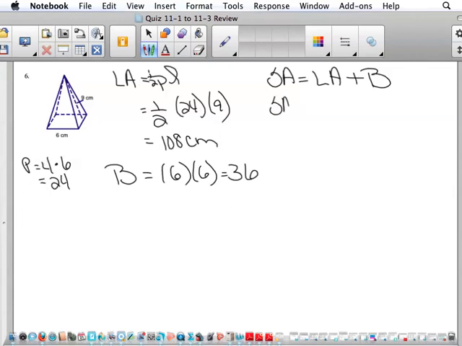So my total surface area is 108 centimeters plus 36 centimeters, which is 144, not centimeters, sorry, that's meters. I made that centimeters. On yours, it's meters. We'll just go with yours, meters squared.